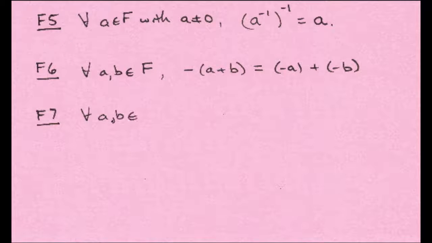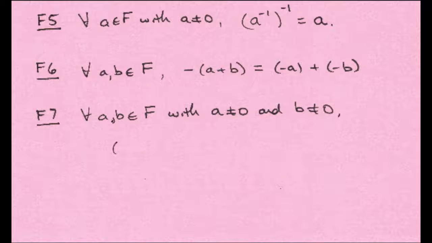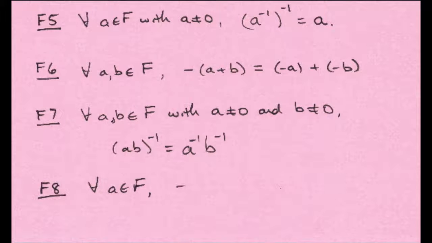For our field property F7, if we have two elements A and B in our field with A not equal to 0 and B not equal to 0, then the multiplicative inverse of the product of A and B is actually the product of the multiplicative inverses of A and B. And finally, for our last field property, if we have an element A in our field, then one way of obtaining the additive inverse of A is really just by multiplying A by -1.